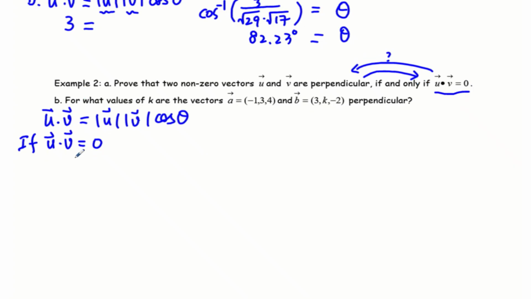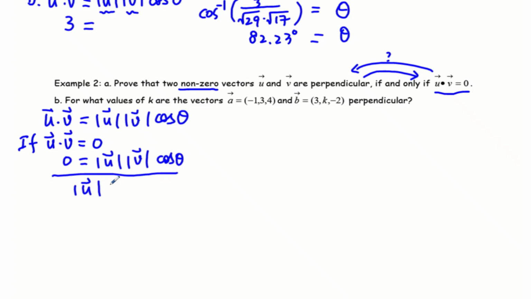If u dot v equals 0, then 0 equals u v magnitude cosine theta. It's said that non-zero, so it means the magnitude not 0. So we want to solve for theta. We move the magnitude u and v to other side by doing opposite operation, multiplication here, we do the division.